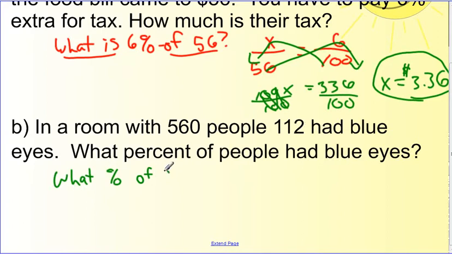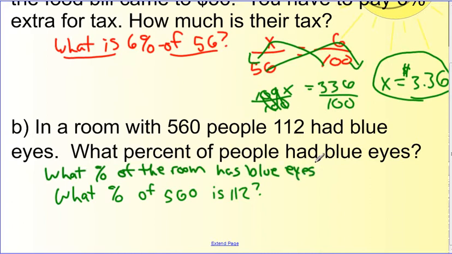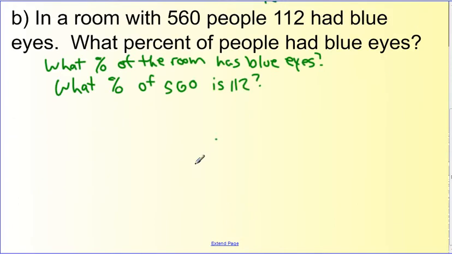So what percent of 560 is 112? That sentence makes sense in my mind. So what percent? The room had 560. The blue eyes is 112. So now we just solve that thing.